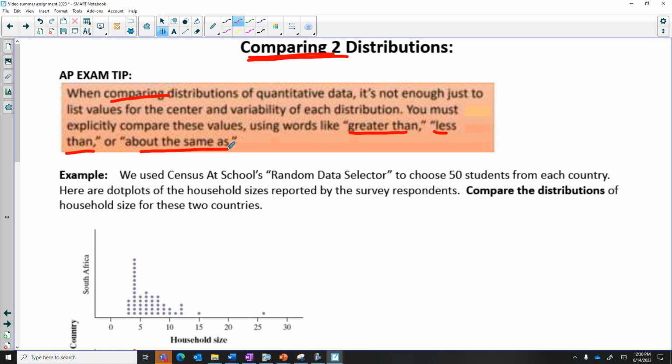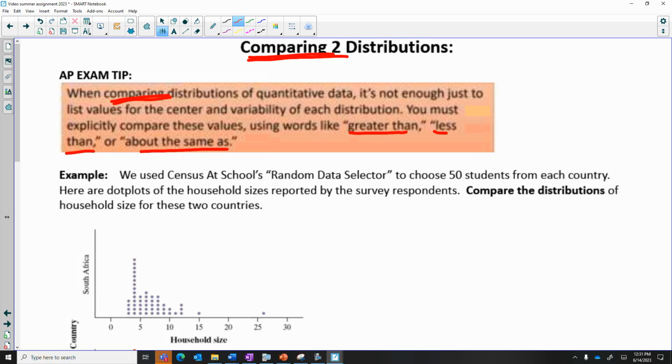So think about when you're using comparative language in another class like social studies or English, you really have to compare the two to each other. But because it's a math class, we want to use quantitative language like greater than, less than, or about equal to, or unless they're exactly equal to, you could say exactly equal to.